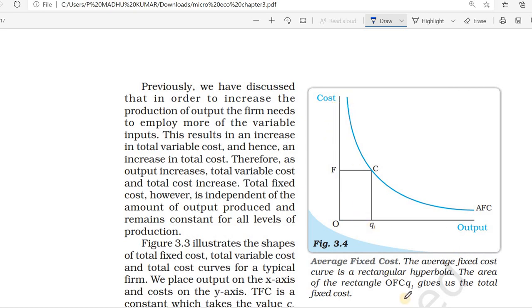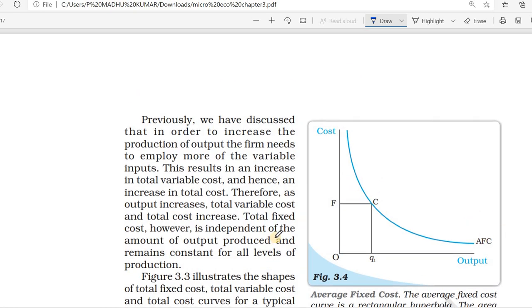Next one is average fixed cost. Average fixed cost is a rectangular hyperbola. This is the area of the rectangle, OFCQ1, which gives us the total fixed cost. This is the average fixed cost.